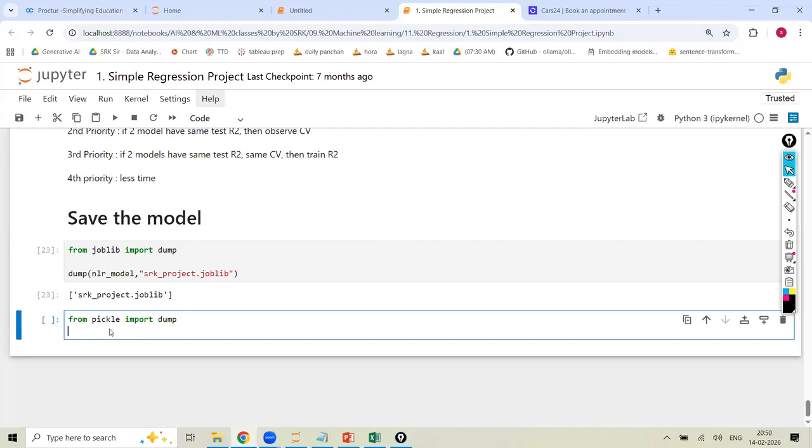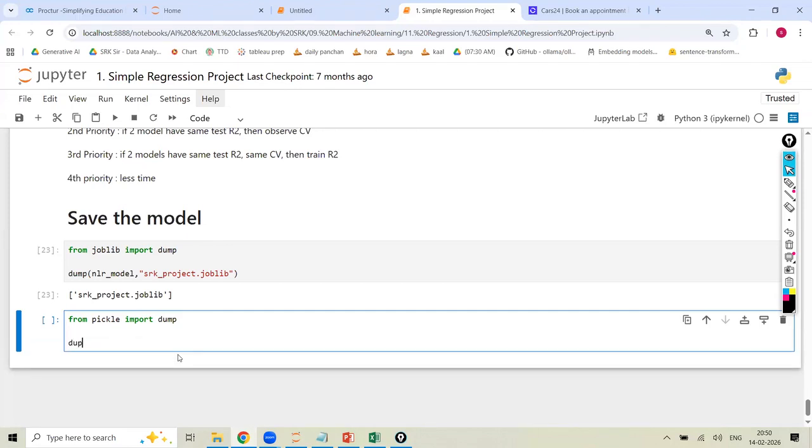import dump. You are going to import dump from pickle. And after importing dump from pickle, you just write dump inside, the same, no difference, whatever the model is there. That is the NLR model. And this file you are going to save as, what is the file name?